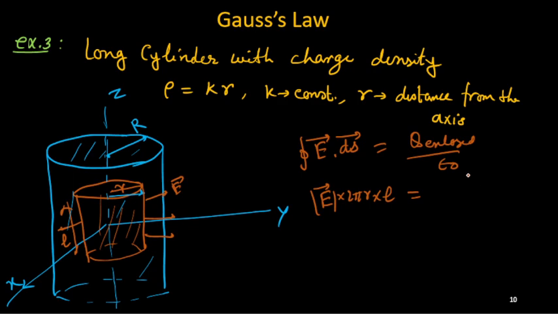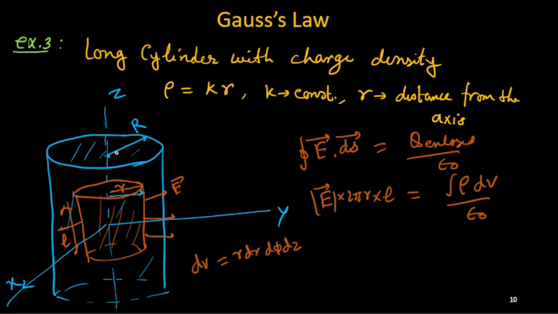Okay, so I need to consider this rho times dV upon epsilon naught. Here rho is given as k times r. So here we need to consider this dV in the cylindrical coordinate system, and that equals r dr d phi and dz.